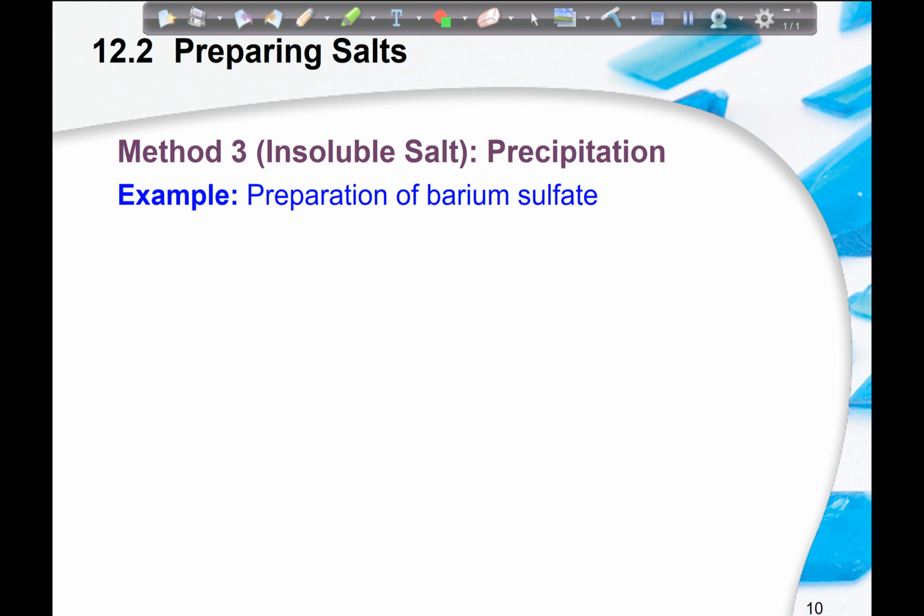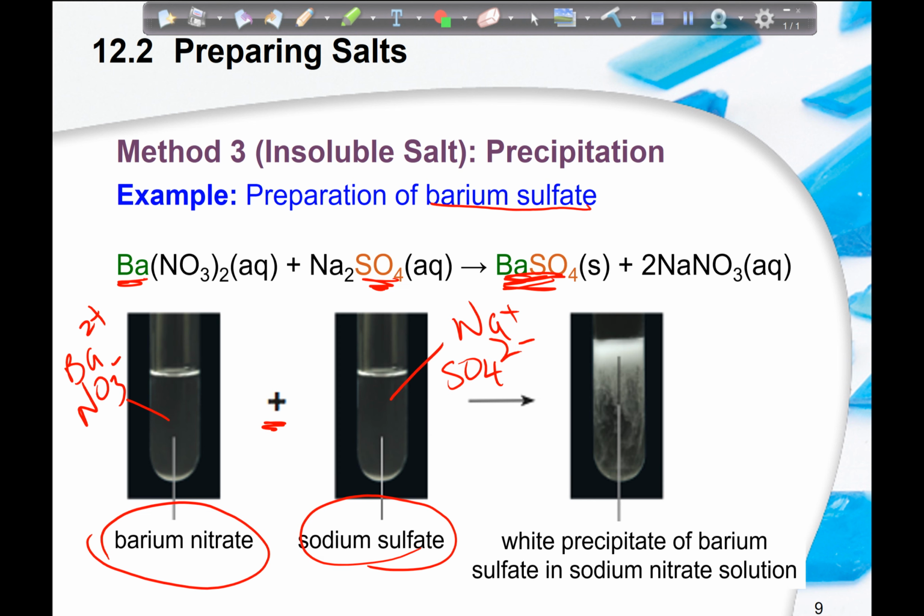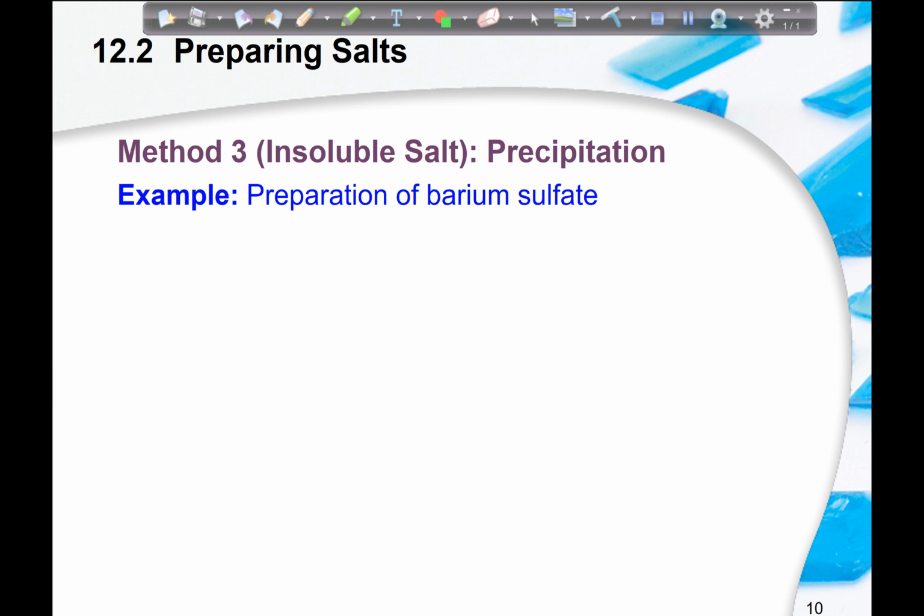For example, nitrate ions can bond with sodium, and is soluble. Likewise, barium can bond with nitrate. Barium can also bond with sulfate. But the moment barium and sulfate come together, it will become a white precipitate. This is basically the fundamental of precipitation.